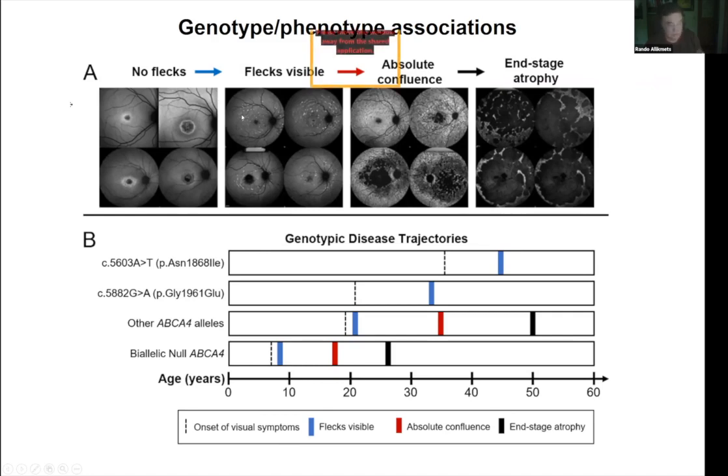You will not develop advanced disease. 1961, the same, you can go a little further, but then the disease is a little earlier. But then the median Stargardt, what I call classical, is the third, the other ABCA4 alleles, but that also takes a long time to develop.